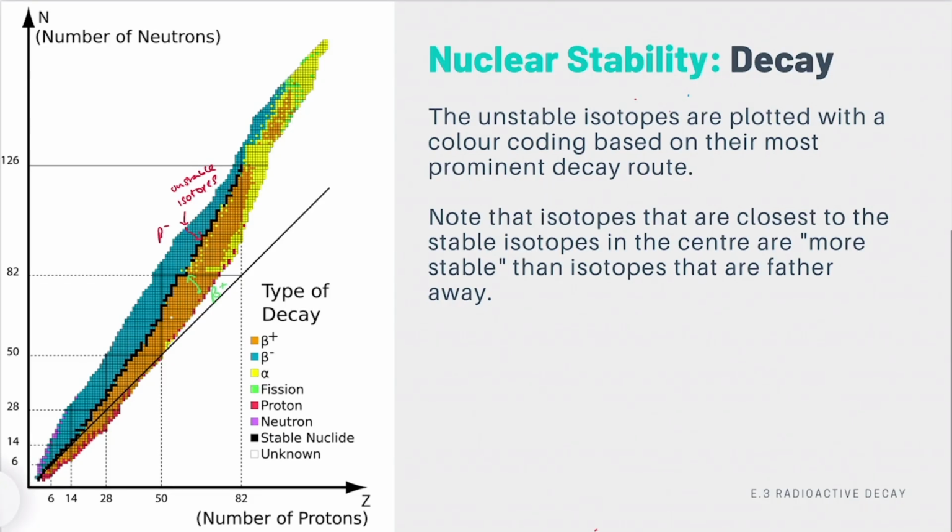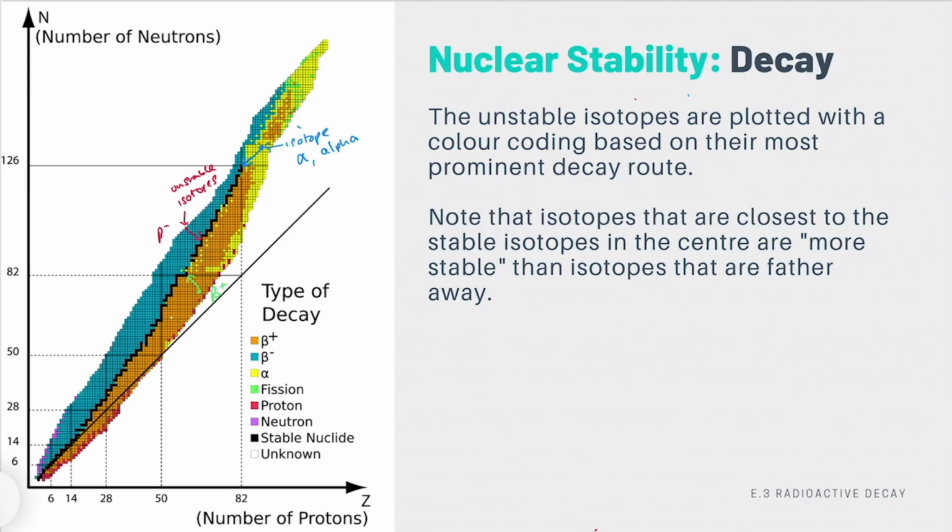If we head to this yellow region, let's imagine we've got an unstable nucleus in this yellow region. It is, of course, an isotope because it's got more neutrons and protons. In order for it to become stable, it needs to come down the way. It needs to lose protons and neutrons to become more stable. To do that, it releases an alpha particle, which again you'll find out more about in the next part of this tutorial.